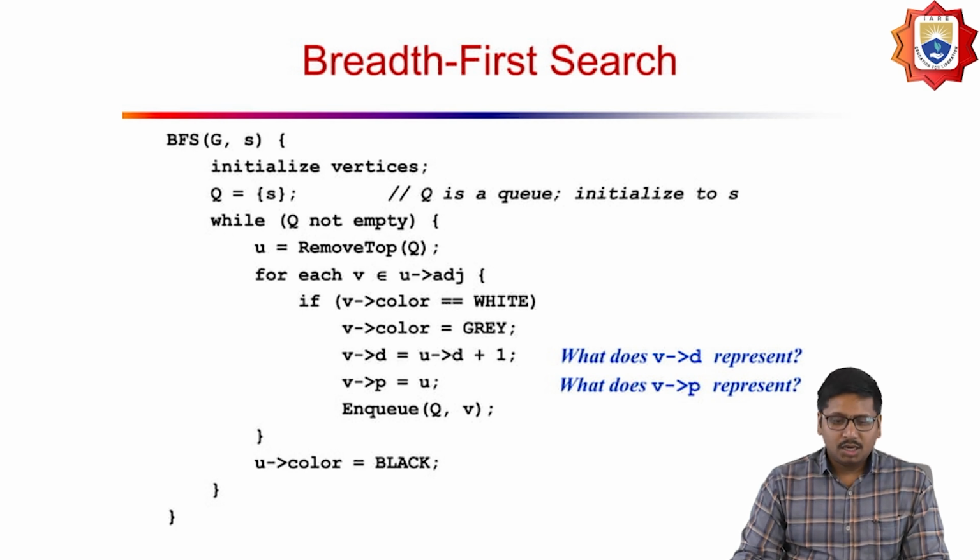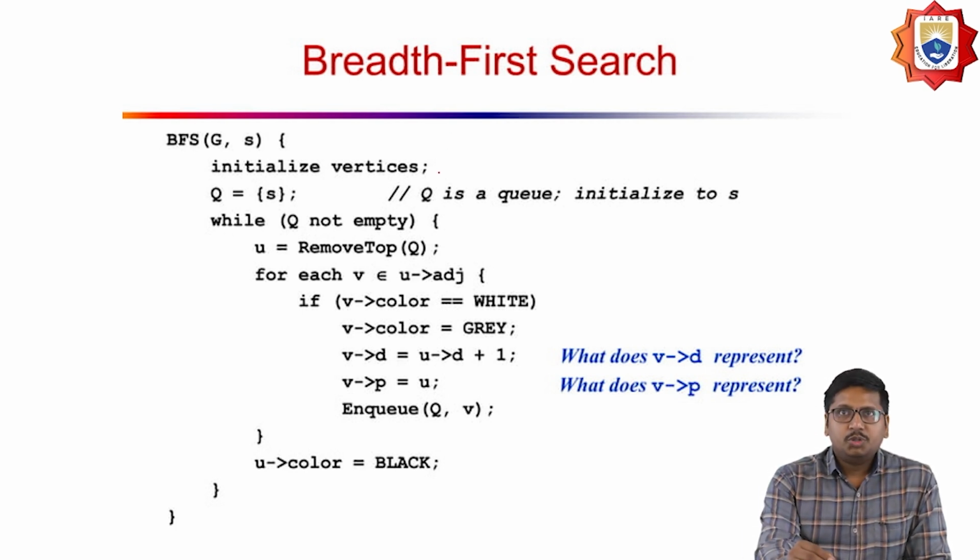If you look at this algorithm, the first step is initialization of the vertices, and then we make a queue. The set of vertices is initialized in that queue, and until the queue is empty, we remove the top element of the queue.